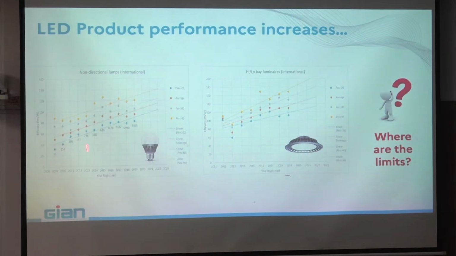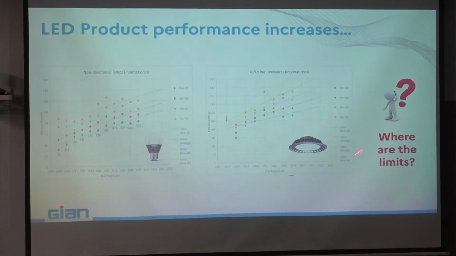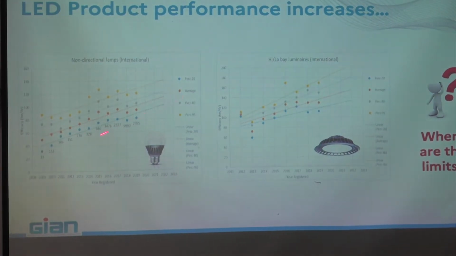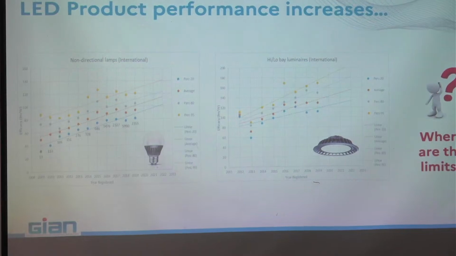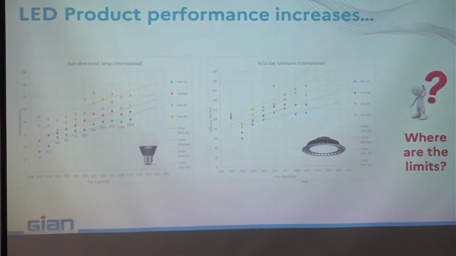And here you can see that for lamps or for downlights, the luminous efficacy is always increasing. The different lines are just quartiles of the different products that we can find registered in international databases.